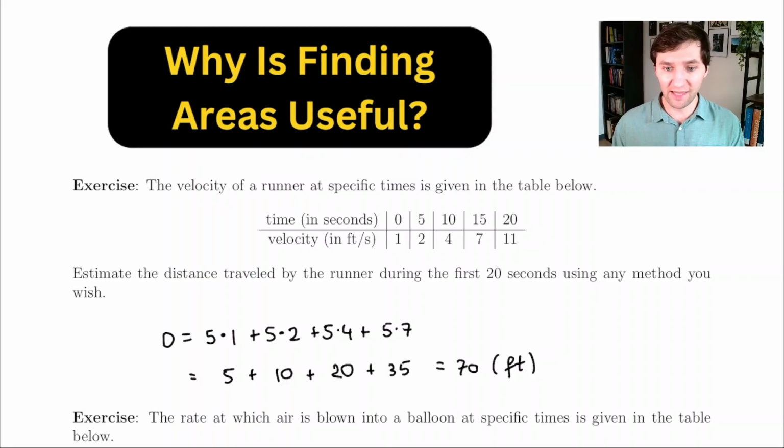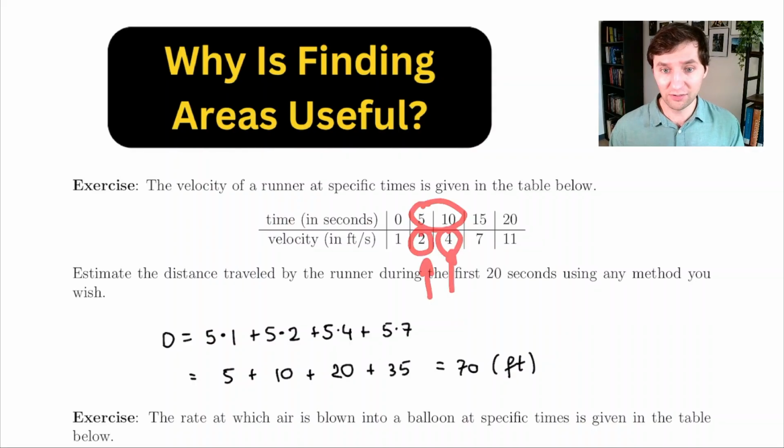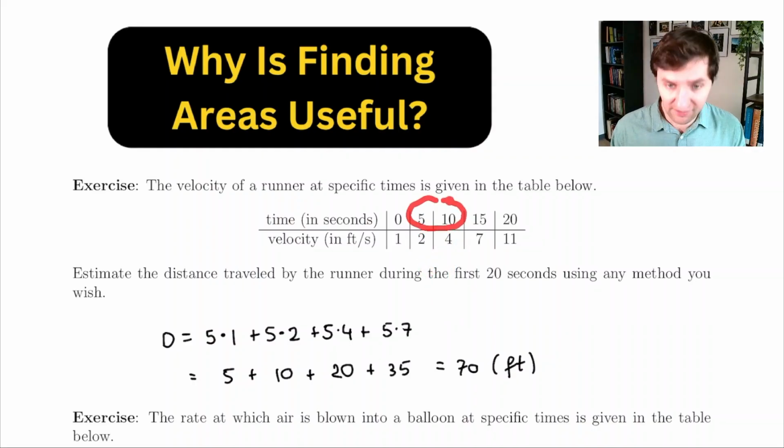I know that this answer is an underestimate because during the first 5 seconds, I took the lower velocity to estimate the distance. During the next 5 seconds, I also used the lower velocity instead of using the higher velocity. Most likely, during these 5 seconds, the runner was going slightly faster than 2 and probably less than 4.